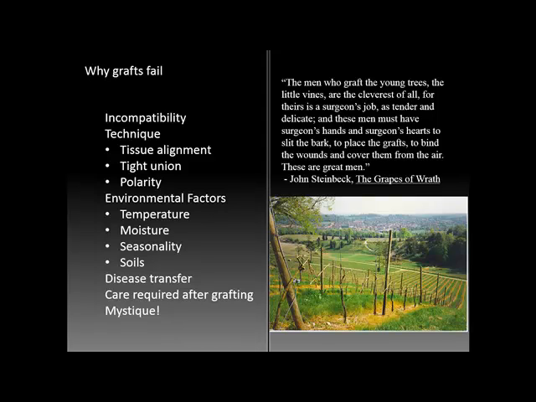Either the temperature, moisture, or soils are not appropriate for the grafted plant, or diseases get transferred either through the grafting process or through the soils or atmosphere in the planting site. And the result of this is that plant care is definitely required for grafted plants after they're planted out.